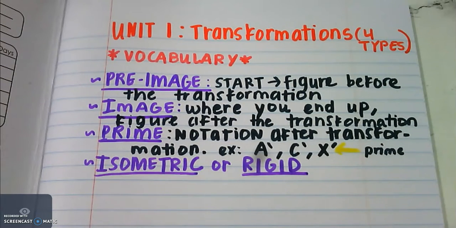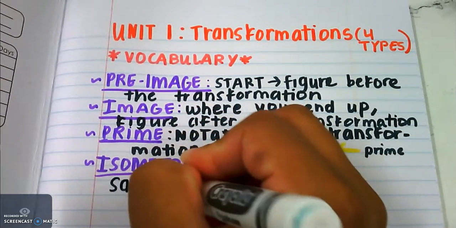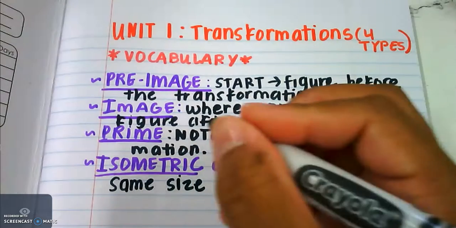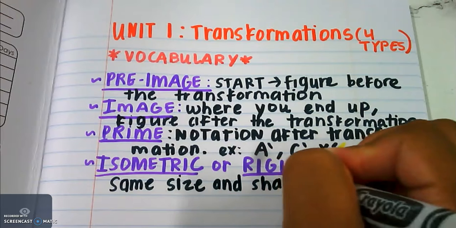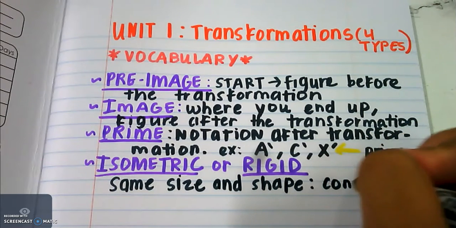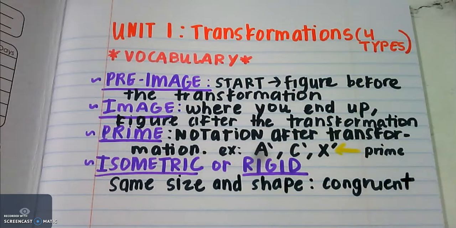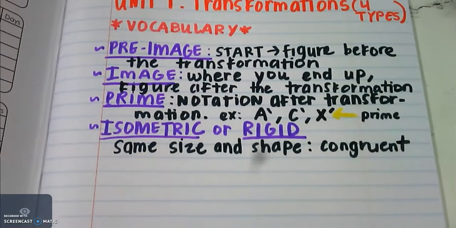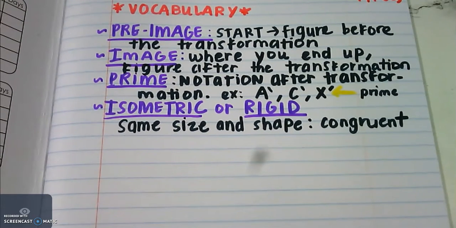All this means is that after a transformation, the shapes are the same size and the same shape. They are congruent. So thinking about our transformation that we've been working on, we've been moving some shapes around, but they end up with the same exact shape. The shape doesn't change. We just moved it on our coordinate plane.